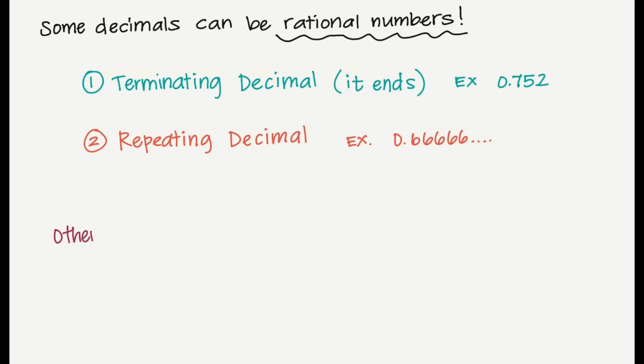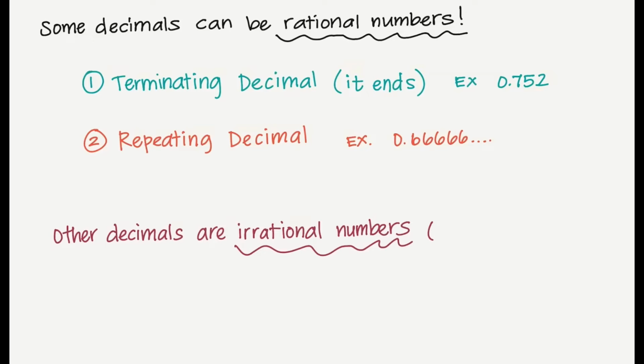There's other decimals, though, that don't fall into those 2 categories. And if they do not terminate, and if they do not repeat, then it is called an irrational number. Okay? So again, it does not end, there's no repeat.